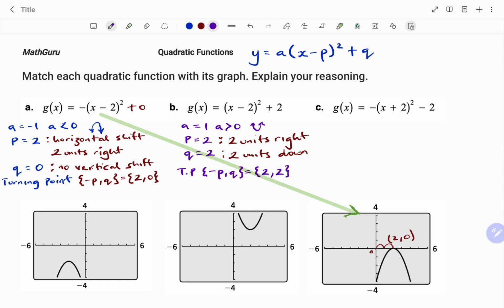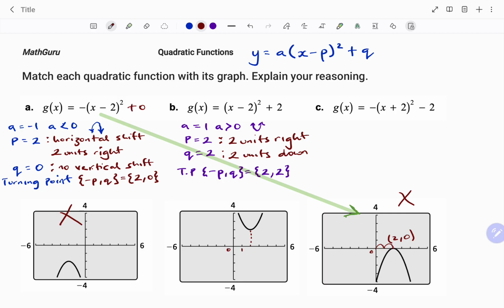So if I go back to the graph, because it's a happy face or concave up, I'm not going to use the first graph or the last graph because they're both concave down. So the next step is to confirm if it's the middle graph using the turning point. So if I check what my turning point is, this is my origin.